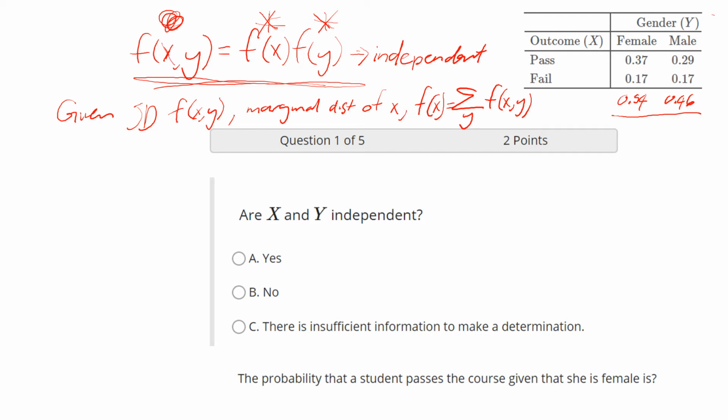So here for pass, we've got 0.37 plus 0.29, which equals 0.66. And for fail, we've got 0.17 plus 0.17, which equals 0.34. Now we can proceed to answer the question, which is whether this statement holds in this case.